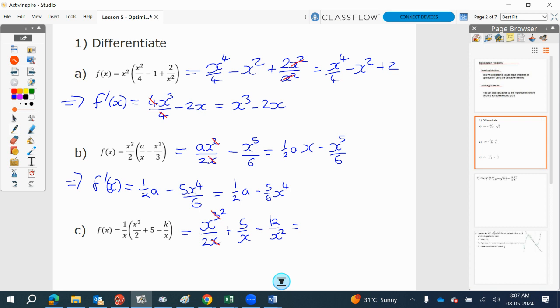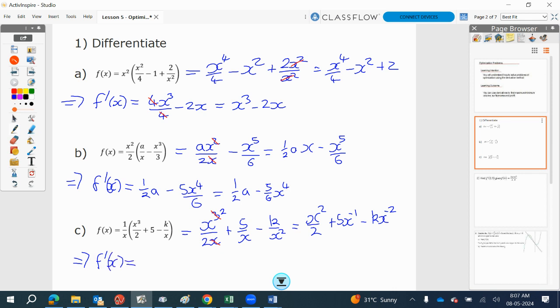We're just going to cancel a little bit, rearrange it, and write these with negative exponents. So we get x squared over 2 plus 5x to the minus 1 minus kx to the negative 2. Put it into exponent. Now we'll find the derivatives.